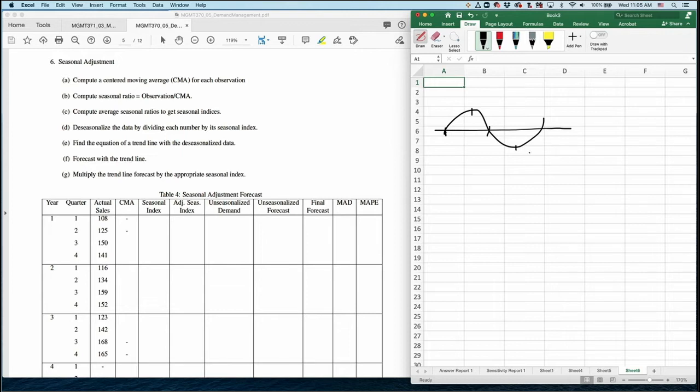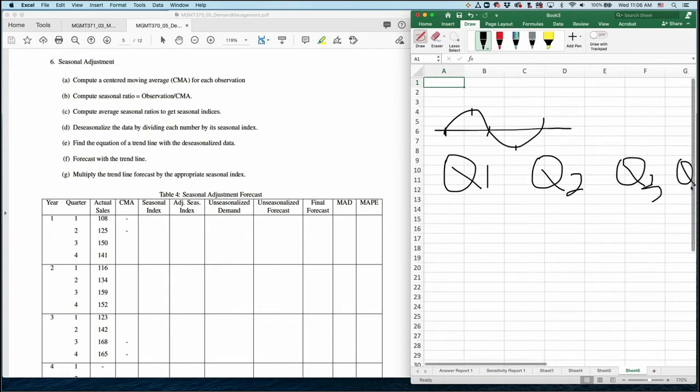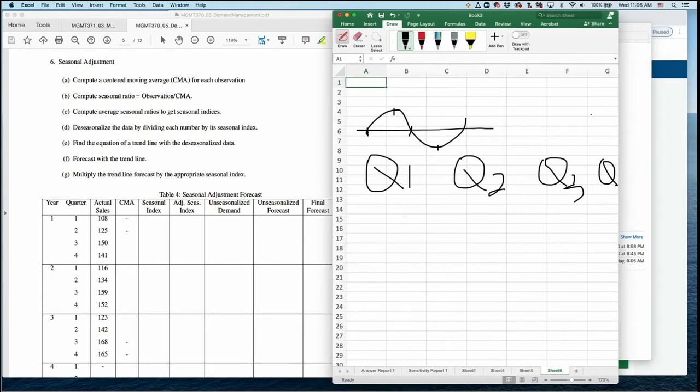However, if we have 4 seasons, Q1, Q2, Q3, Q4, then what is our center? If we have Q1, Q2, Q3 and Q4, which one is the center?